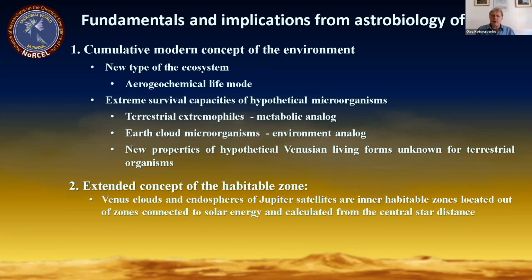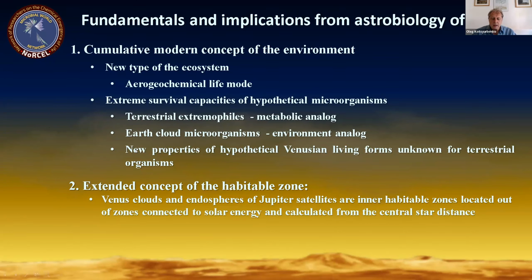Extended concept of the habitable zone. So Venus clouds and actually endohydrospheres of Jupiter satellites can be considered as inner habitable ecosystems.